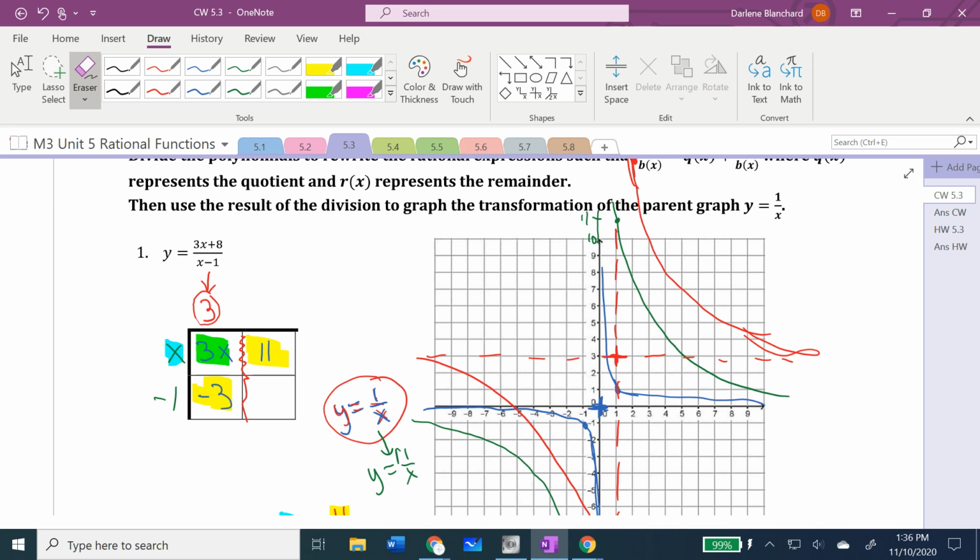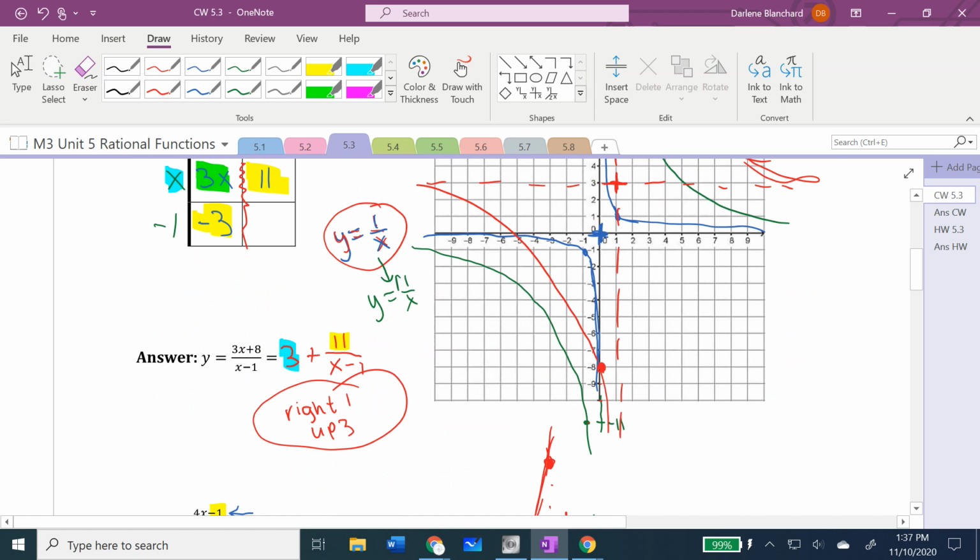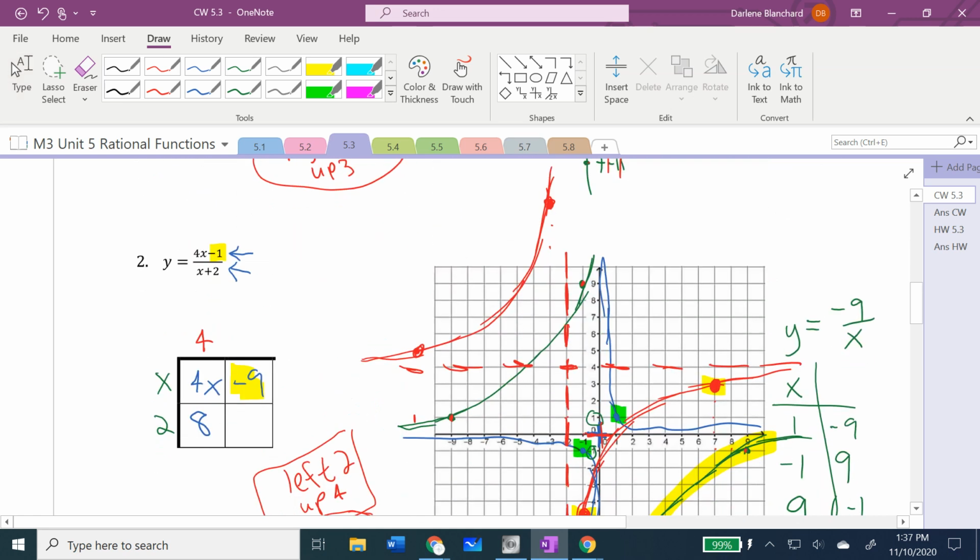And then from there, you just have a little bit farther to go. And there's something that's very special about this type of rational function. And by this type, I mean the numerator and the denominator are degree 1 or less.